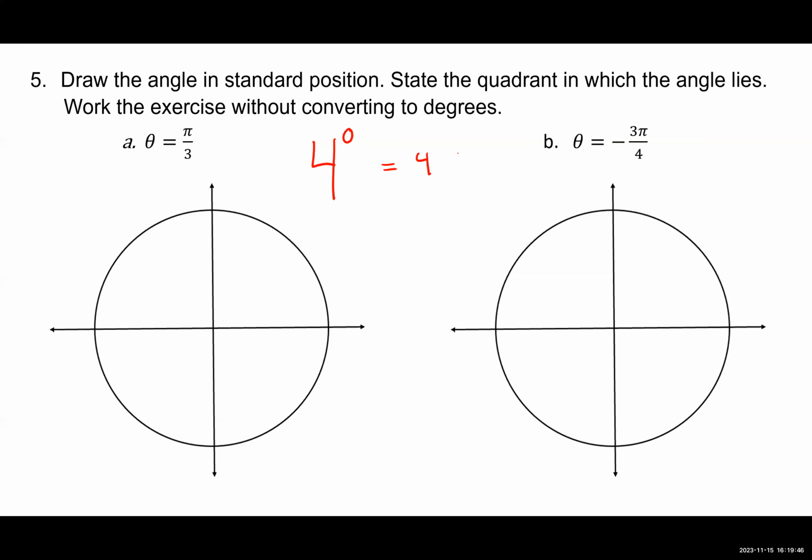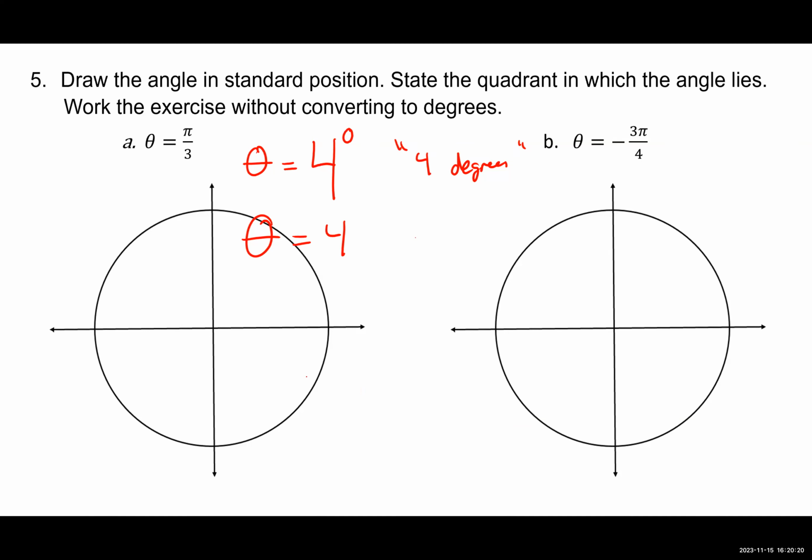That means 4 degrees, like theta equals 4 degrees. But if you see theta equals 4 with no degree symbol, we're not going to write the word radians every time. It's too much. It's just like a square root, where you know there's a 2 right here, we just don't write the 2.